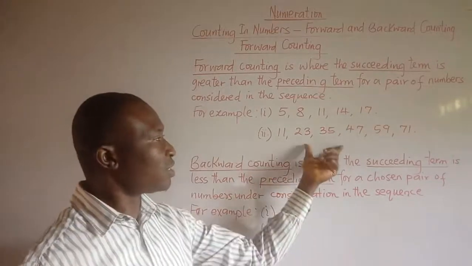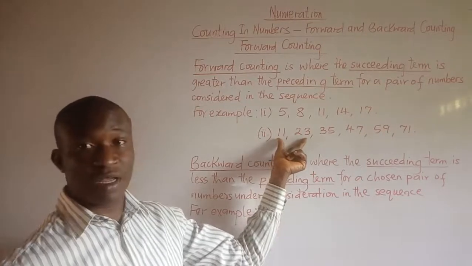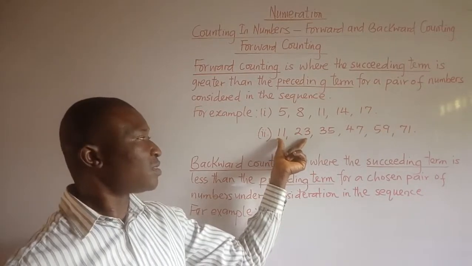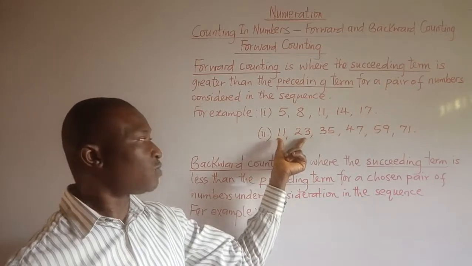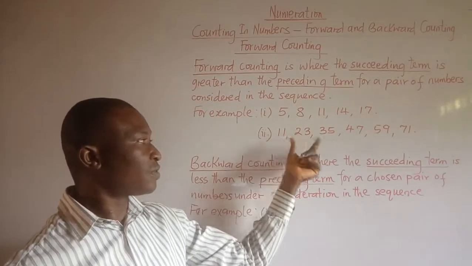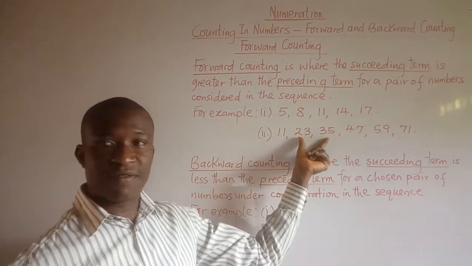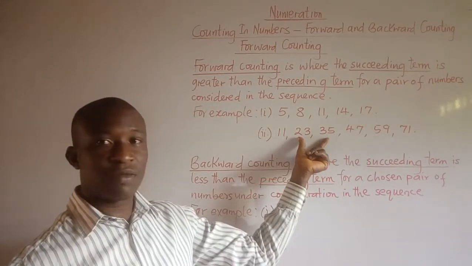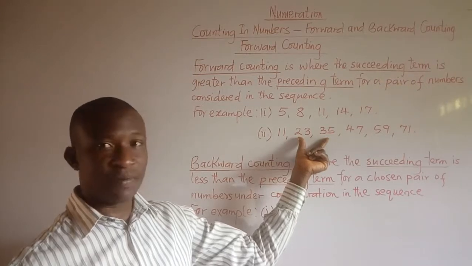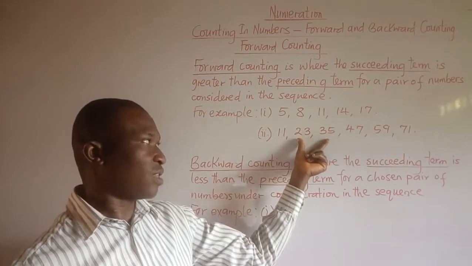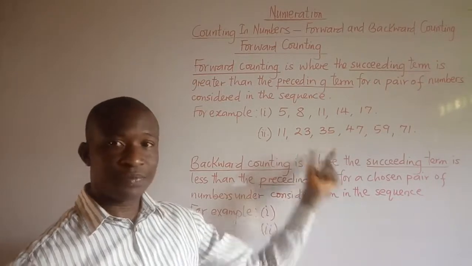In this sequence, considering the pair 11 and 23, 11 is the preceding, 23 is the succeeding, and 23 is greater than 11. In this pair, 23 and 35, 23 is the preceding term, and 35 is the succeeding term. 35 is greater than 23. So, it's another example of forward counting.